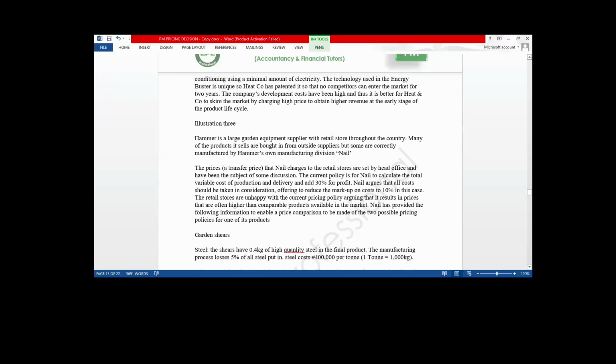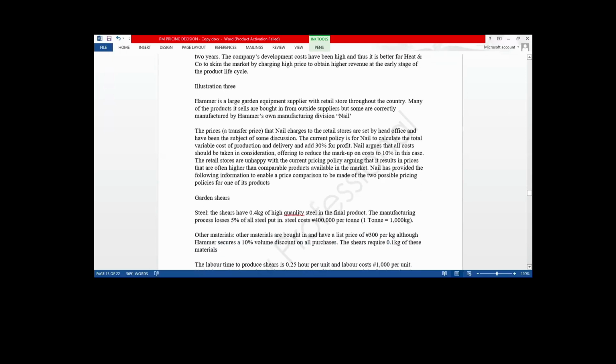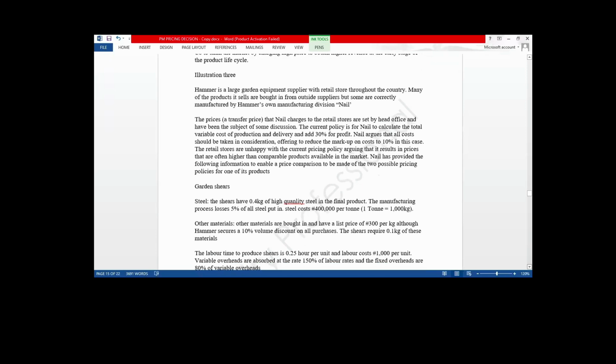NAIL has provided the following information to enable a price comparison to be made of the two possible pricing policies for one of its products. Next, garden spares. The product garden spares, steel.